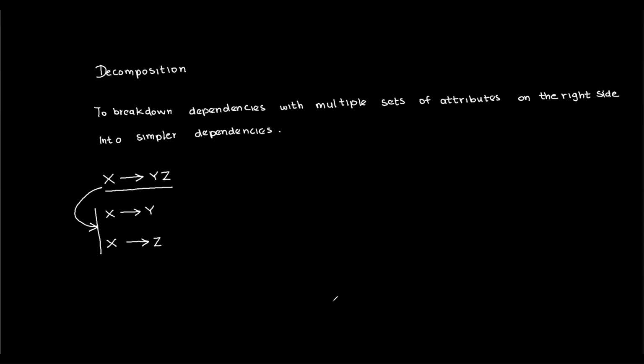Now, let's see how we can derive X functionally determines Y and X functionally determines Z from X functionally determines YZ. We can't use decomposition directly. We are going to use the basic three axioms: reflexivity, augmentation, and finally transitivity.